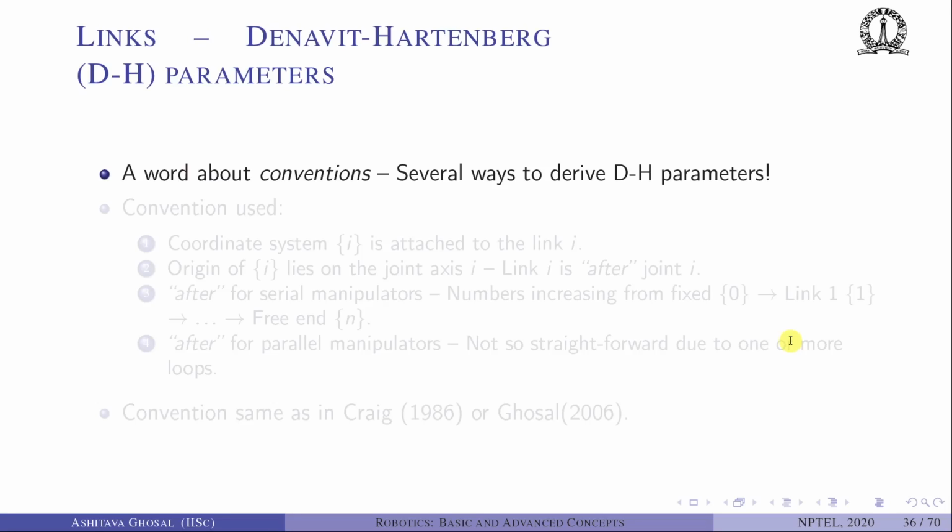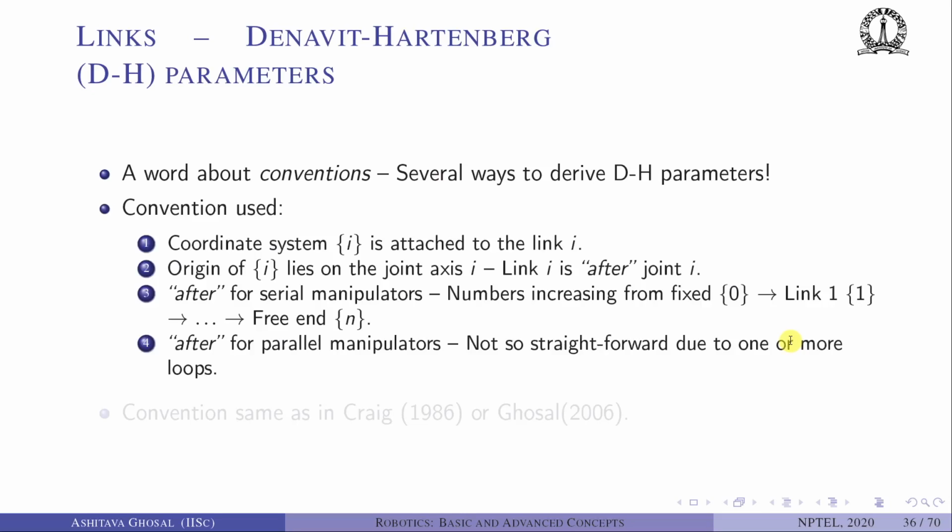So we continue with Denavit-Hartenberg parameters for a link. A word about the conventions. There are several ways to derive the DH parameters. Initially there were many people who derived their own DH parameters. Nowadays there are not that many DH parameter conventions, however there are still a few.